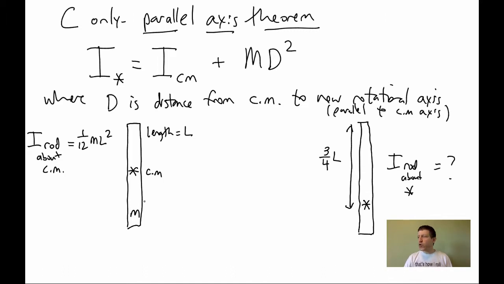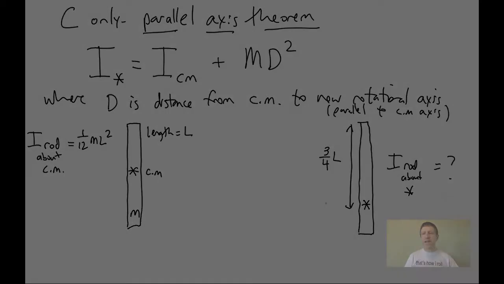What is the moment of inertia if you rotate it about a point 3/4 of the way down? In other words, here I am at 25 centimeters rotating it this way, accelerating it rotationally this way. Will that be more difficult or less difficult? Let's go ahead and figure this out.